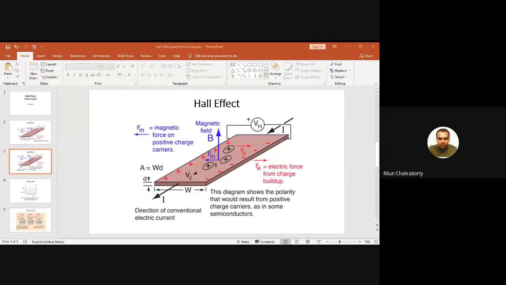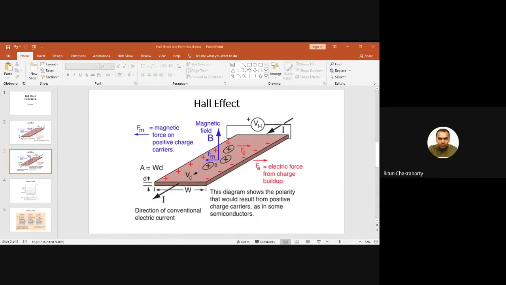Okay, let me admit. I think that's more or less about the Hall effect. Any questions you have about the Hall effect? There are some derivations related to the Hall effect, like the Hall coefficient RH, then finding N, the charge carrier density, and then finding the mobility.